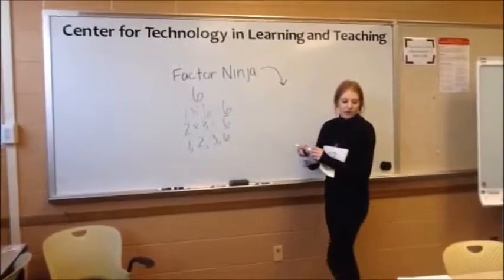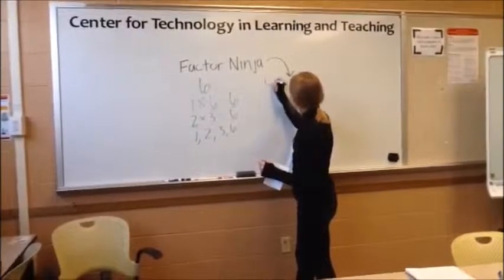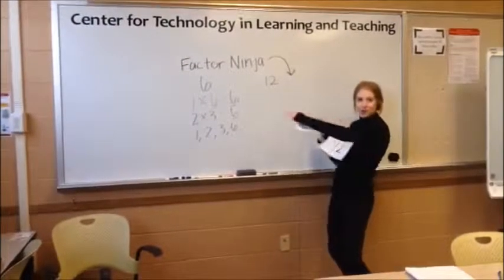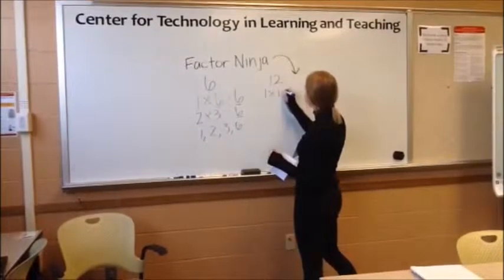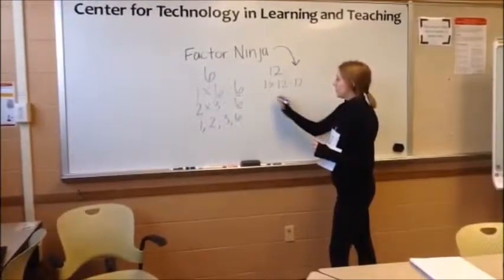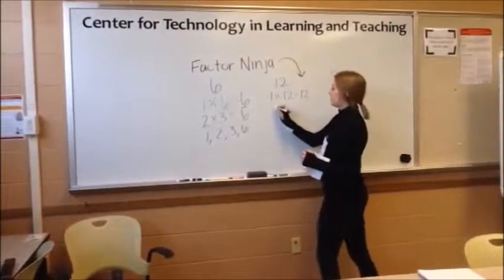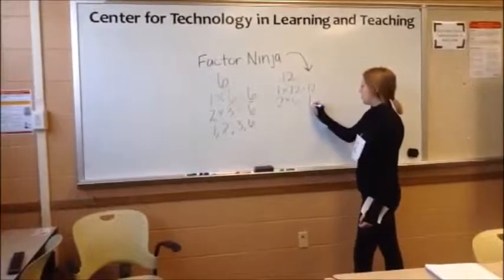So let's look at another one. We will look at 12. So, Factor Ninja, chopping up 12. I know that 1 times 12 equals 12. So 1 and 12 are the factors of our number 12. I know that 2 times 6 equals 12.